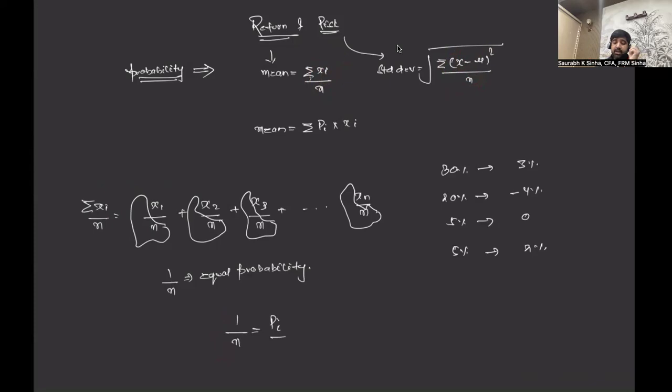So therefore the standard deviation formula would become what? There is no 1 by n, or no 1 upon n minus 1, because the probability is being stated. Okay? So the maths will change.